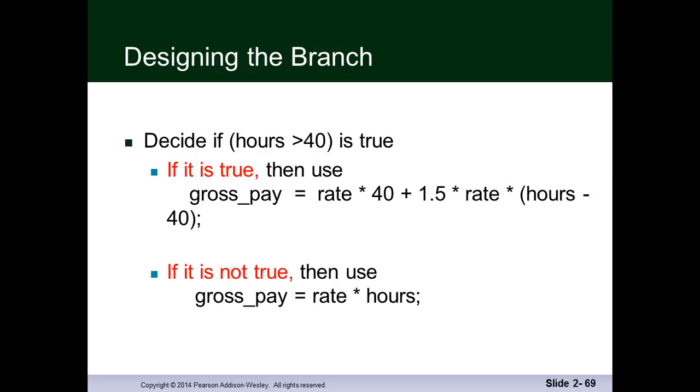That's why I recommend that you start with a piece of paper, or in Word or something, and just start writing your choices and your instructions. Your program needs to decide if the hours are more than 40. If this statement is true, then it's overtime, so it's going to compute this gross pay.